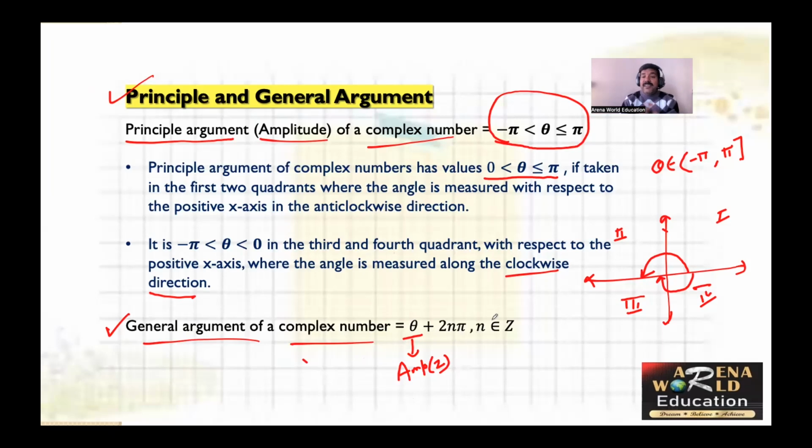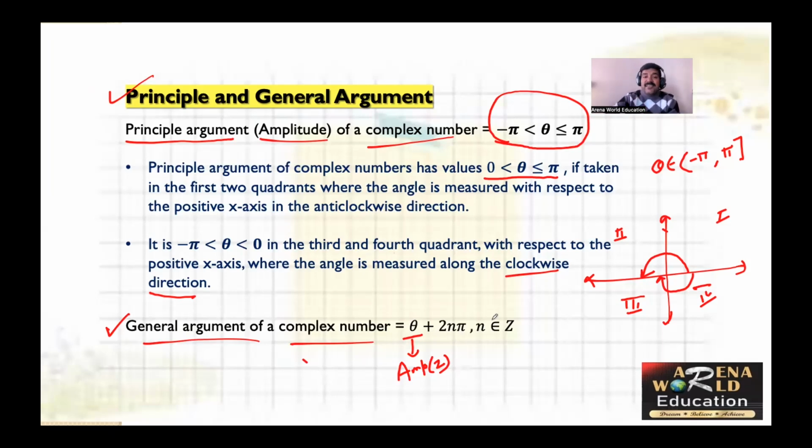I hope everybody is clear about principal and general argument. The key concepts we discussed are modulus of a complex number, conjugate of a complex number, how to write a complex number in polar form, and what principal and general argument are.